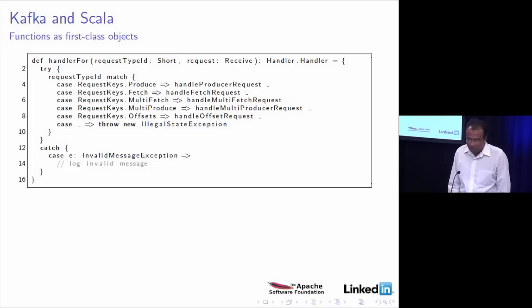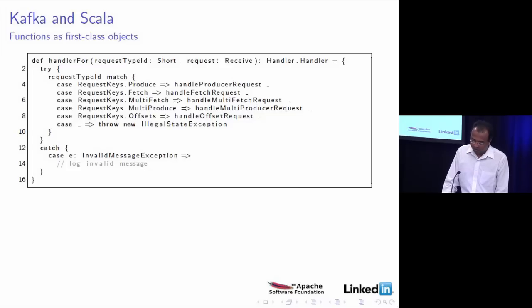We added a try and catch block around the original code, and in the event of an invalid message exception, we would serialize that request onto disk, and we could go later and look into that file to see what was going on. Now, we deployed this, and then nothing happened.